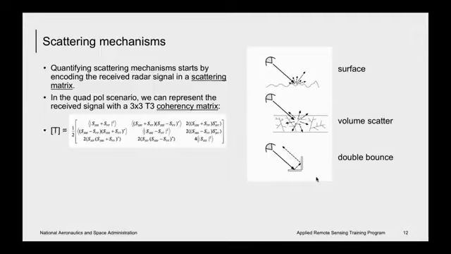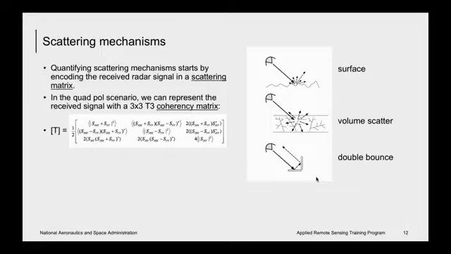So this is what it looks like. And during the course of your work, you're not going to have to compute this matrix, but this is the starting point for any analysis. And if you work on polarimetry software, it's going to prompt you, what matrix do you want to store your data? So it's useful to understand that.